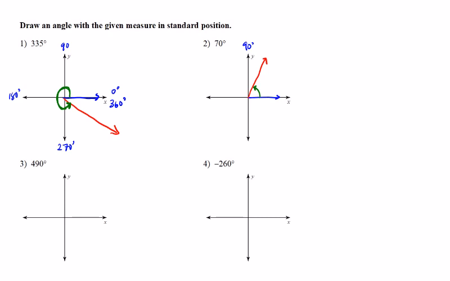Now number 3, 490. So this time we're going past 360, right? So this is 360. And remember this, if I go past 360, then this would be 450, right? Another 90. And this would be 540, right? So I'm going to start on the initial side. I'm going to go all the way around to 360.